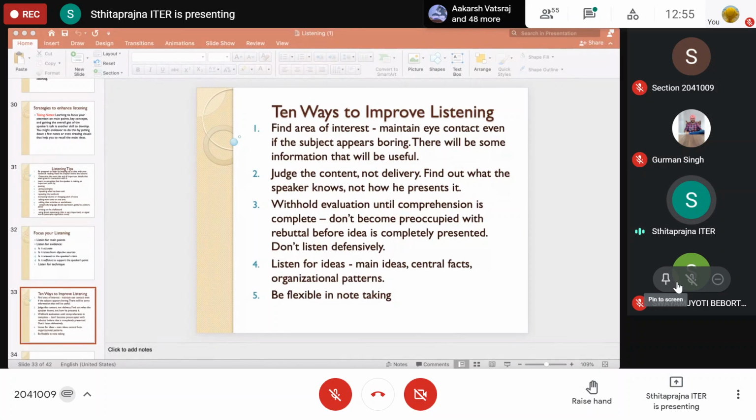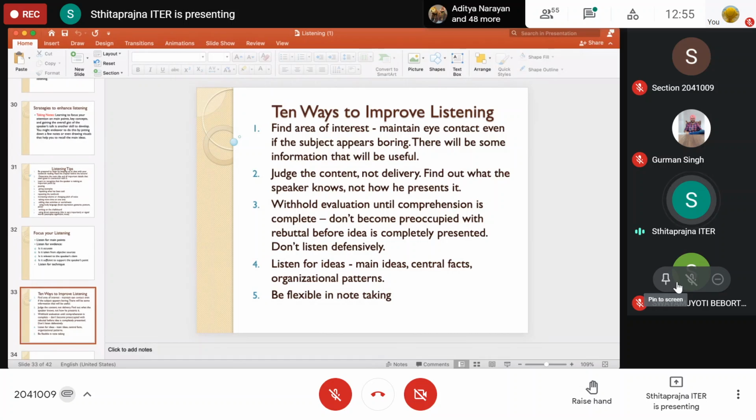But whatever the reason is, I tell them that you can always pretend to listen. So pretending is when you maintain eye contact with the speaker and behave non-verbally as if you're very keenly listening to the speaker. So the speaker is happy, you are happy, so everyone is happy.